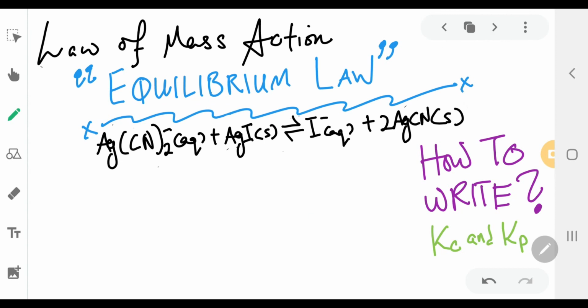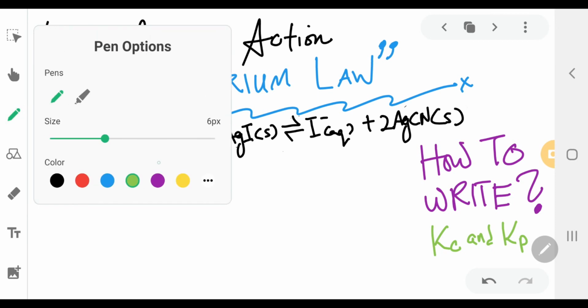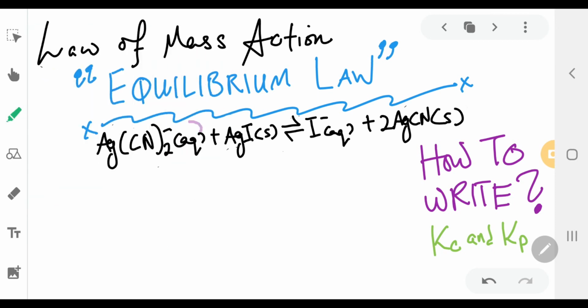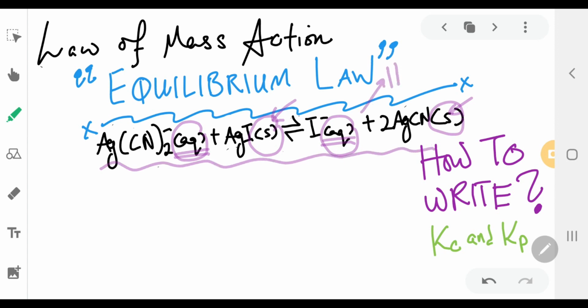Okay. Now, what about this? We have an aqueous phase, solid, aqueous, and solid. They are not the same. We have pure solid, and now you have aqueous. So again, this is your heterogeneous equilibrium.